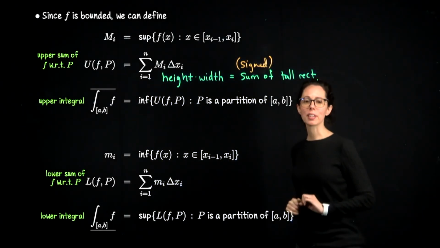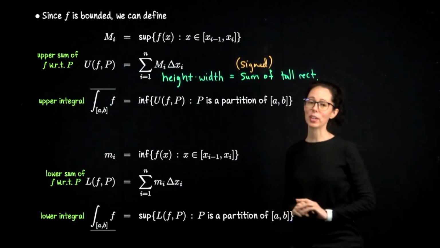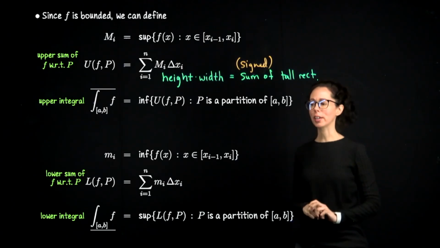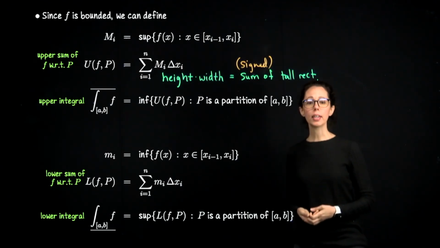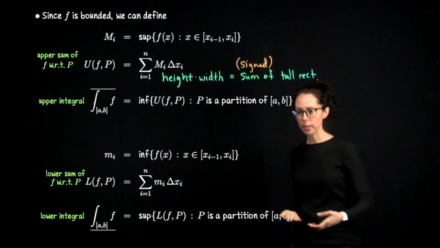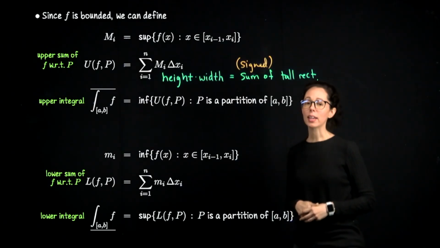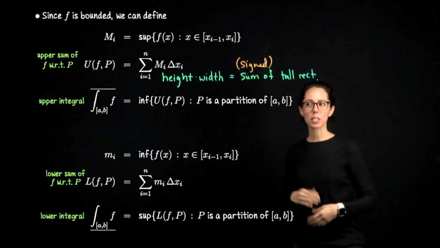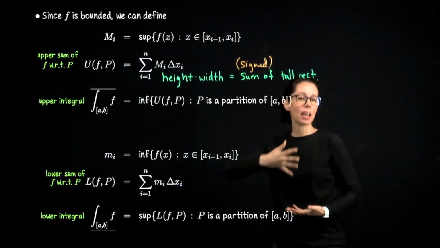Just changing our point of view to look at infima instead of suprema, let's quickly run through these 3 definitions. They are analogous to what we've already discussed. If you have some partition P, over each subinterval f is bounded, so it has an infimum. That's what we call little m sub i. That is, again, something you want to think of as a height. It's probably lower than the supremum over the same subinterval, but it's still a height.